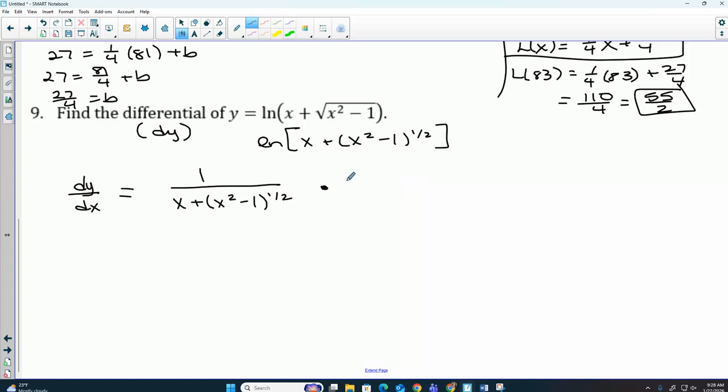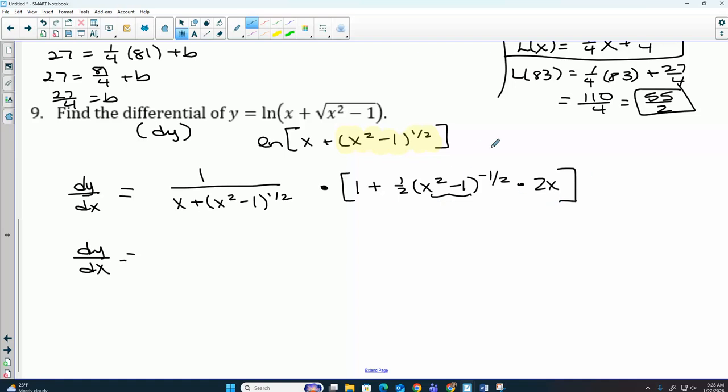So derivative of x is 1 plus, now I have to do the derivative of this part. So the exponent comes down, inside stays the same, subtract 1 from the power, times derivative of the inside, which is 2x. Okay, so there's just a lot of chain rule involved here. Not necessarily the differential piece that was hard, just an ugly function.